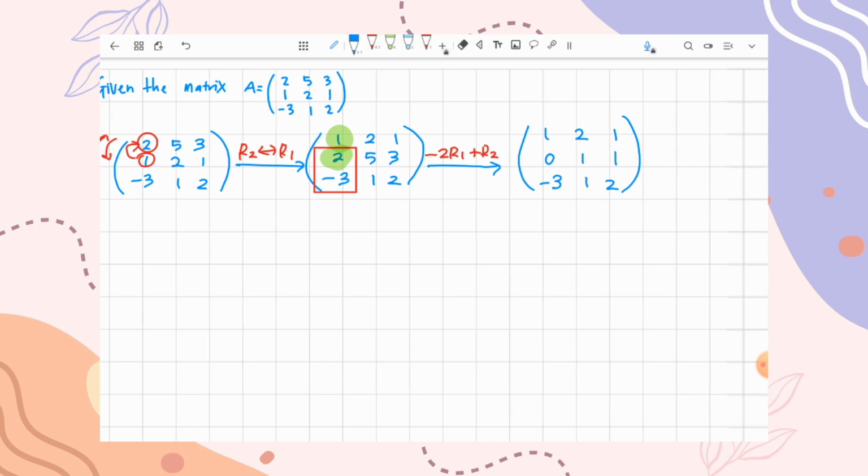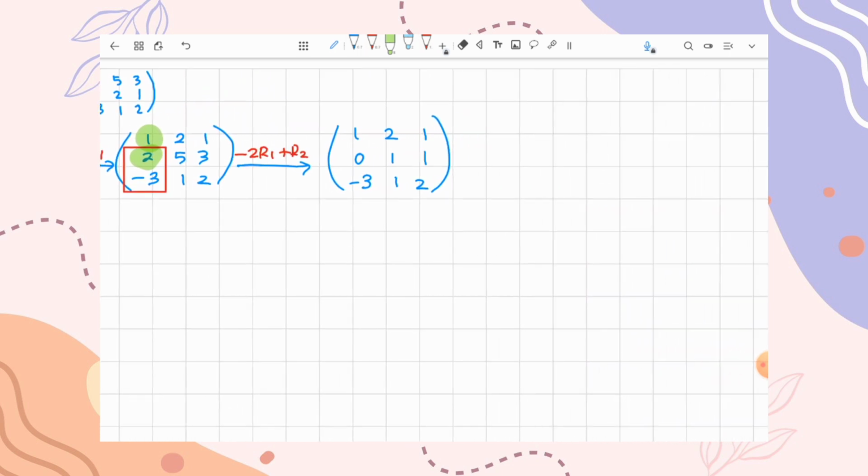Now, let's turn this number right here into 0. The operation that we can use is 3R1 plus R3.